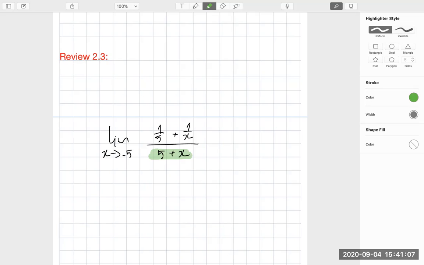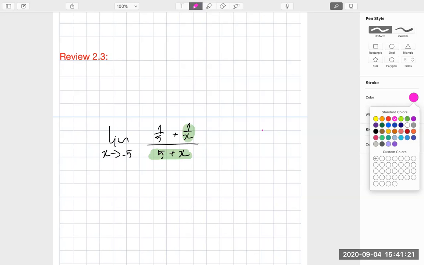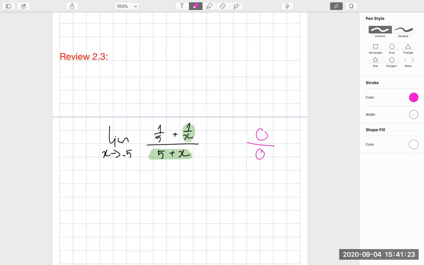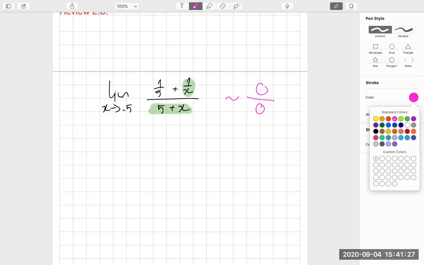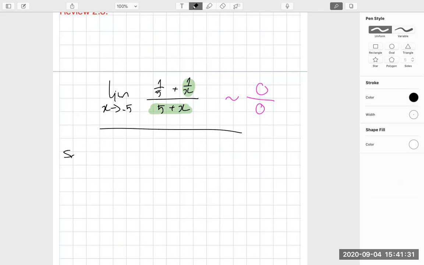Furthermore, the numerator becomes 1/5 plus -1/5, which is 0, so we have 0 divided by 0. We don't know it, right? So what we need to do is find a way to eliminate it and make it simpler.